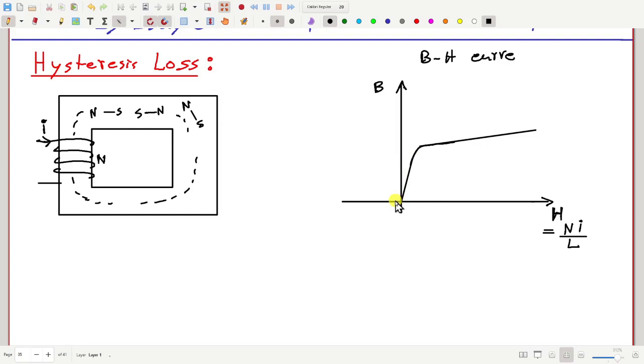Now, this graph is also not the complete picture. What happens if I vary this current as a function of time? Suppose this current is varying sinusoidally.